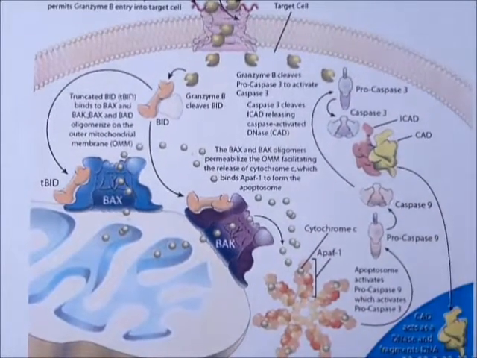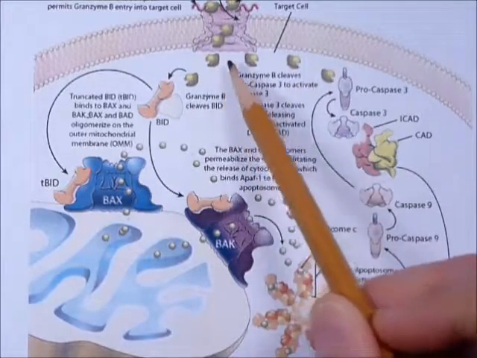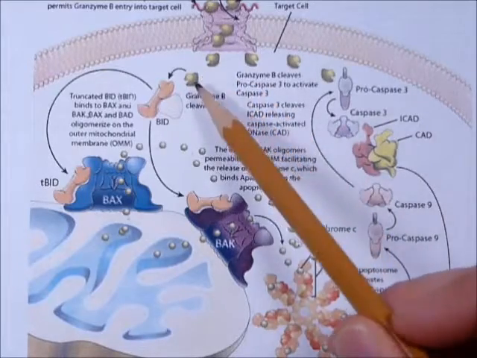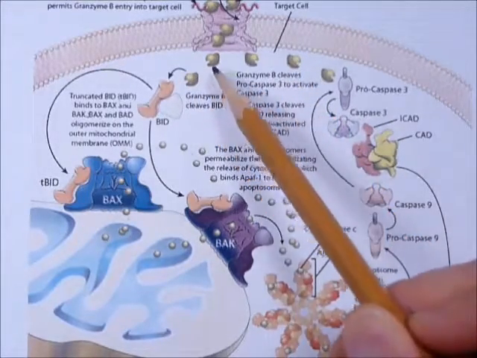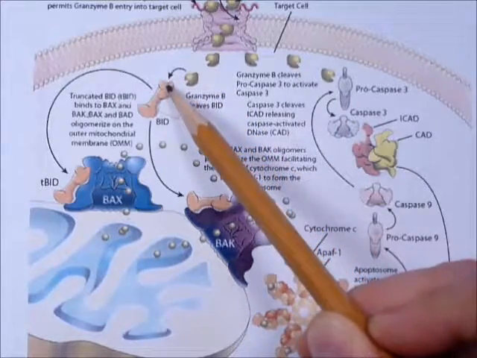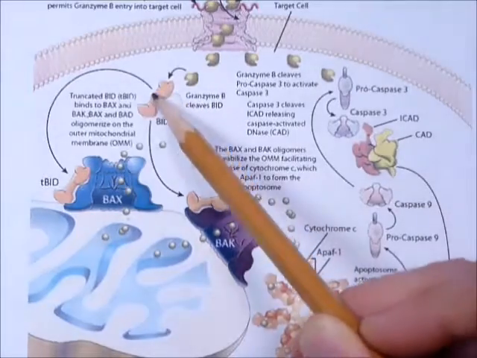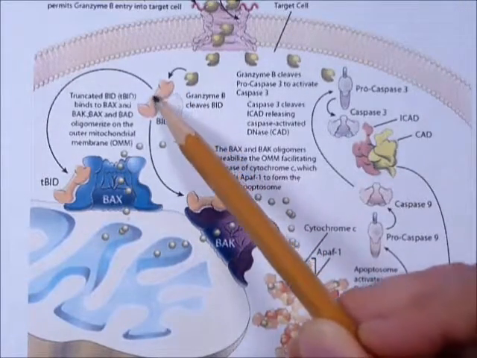Now once the granzymes come into the cell, then we have sort of a little cascade of things happening. Something affects something, which affects something else. So granzyme B goes over here, and it causes this molecule to come apart from this one. You see how these are together?